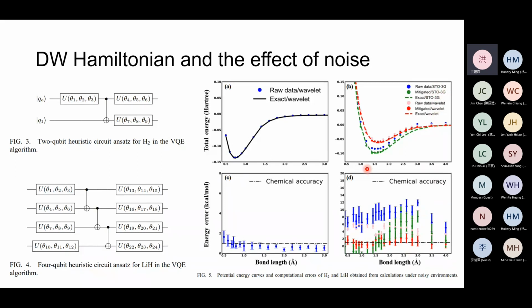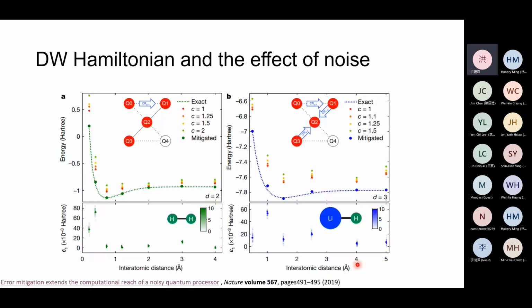The result from the STO-3G basis set and the respective classical calculation are also presented. And we can see that the STO-3G raw data is very bad. But after mitigation, they sometimes can achieve chemical accuracy, but lots of points, like the previous result, cannot achieve chemical accuracy.